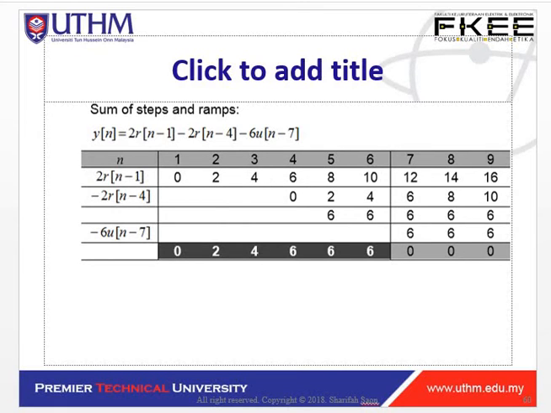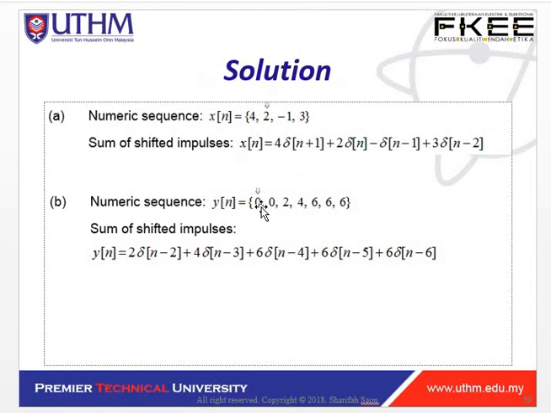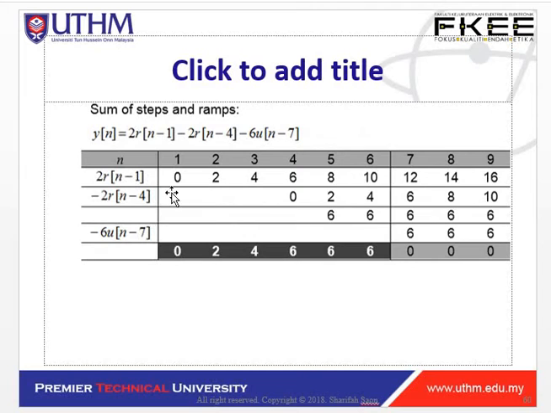And then number 5, what do you want for number 5? You also want 6. But with the answer you provided, 2R[n minus 1], you have the value of 8. You want 6, but now you have 8. So how to get 6?